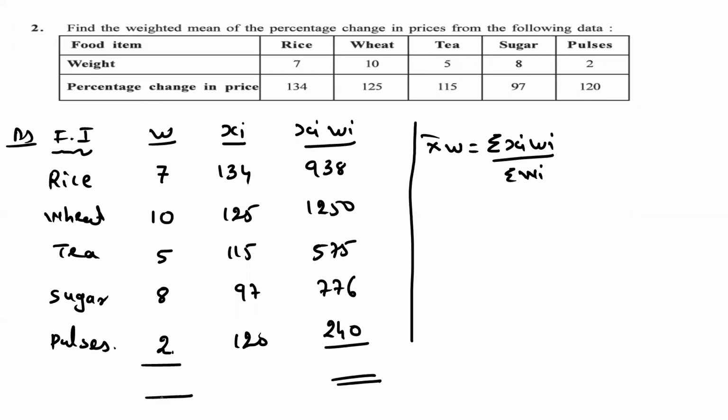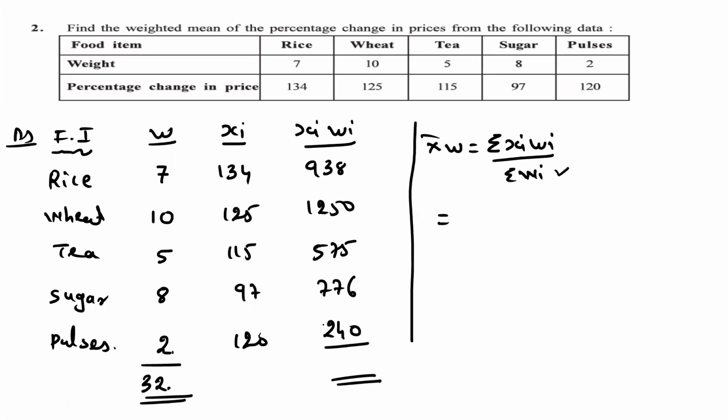Now make the total of wi, not xi, because we require wi. The total of wi is 32. Now here comes the sigma xi wi.